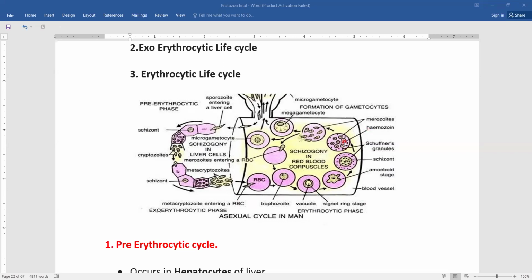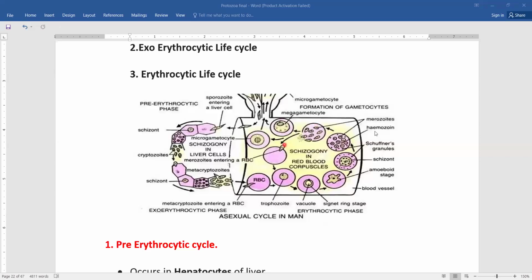These merozoites eat globin and release heme in the form of hematin, which looks like granules called hemozoin, which are harmful and cause fever in human beings. Later, this RBC will be lysed, broken to release many erythrocytic merozoites into the plasma. Again, these erythrocytic merozoites enter a new RBC and this cycle is continued.